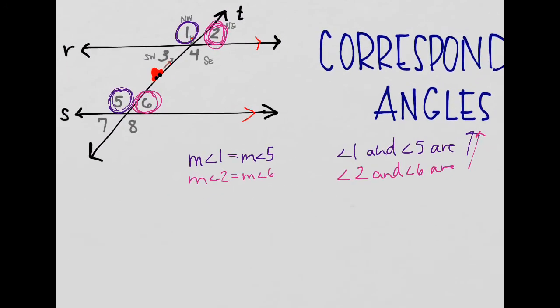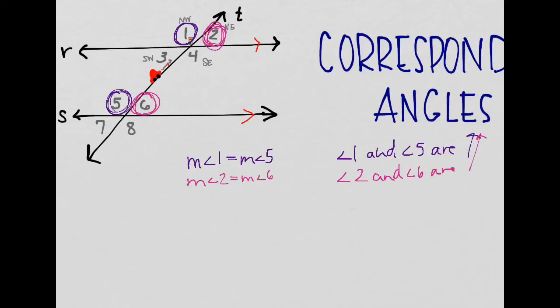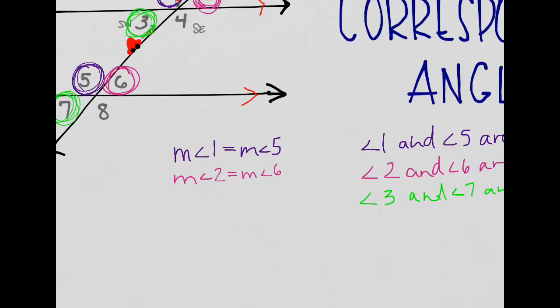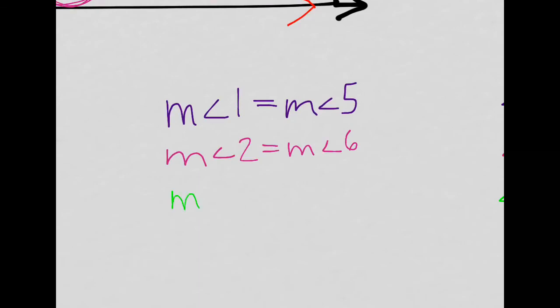All right, 2 more we can do here. All right, the lower left-hand corner from both different intersections are corresponding. So angle 3 and angle 7 are corresponding angles. Therefore, they're what? Their measures are equal.